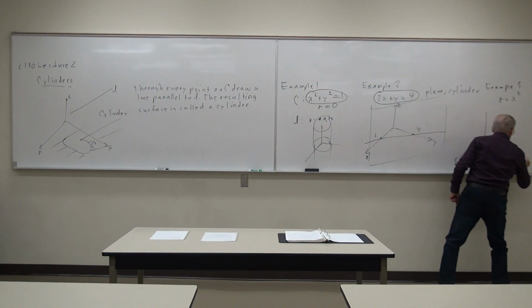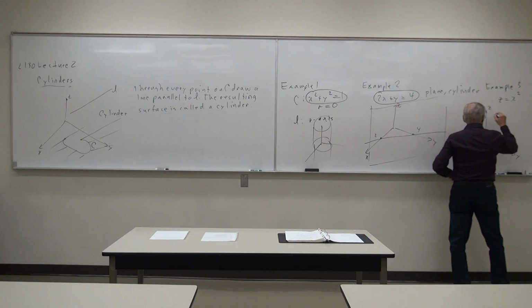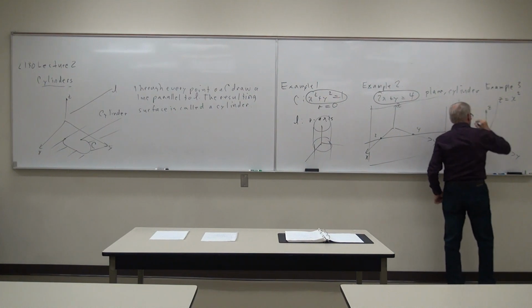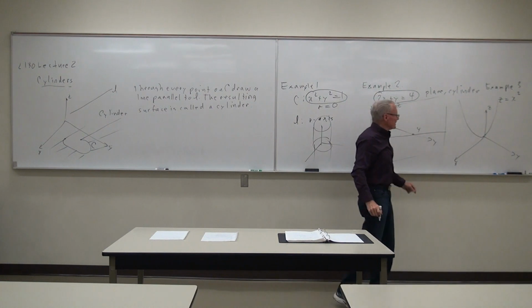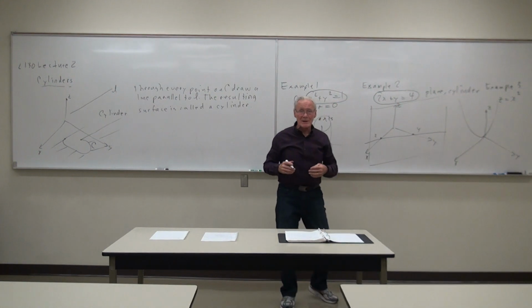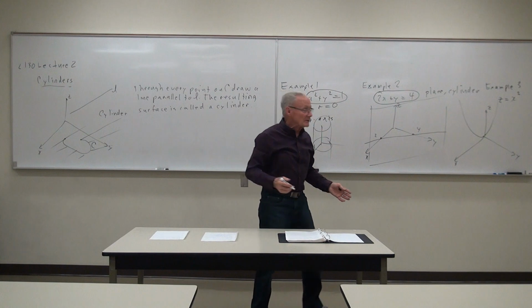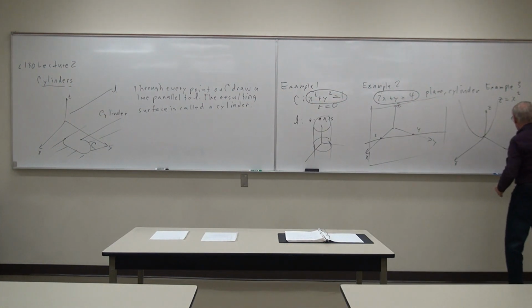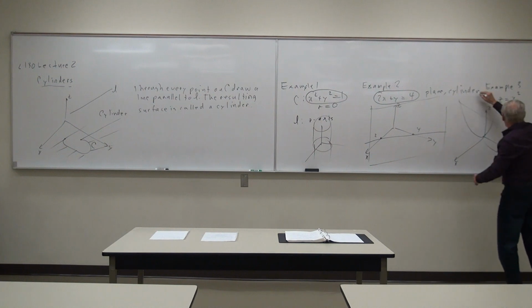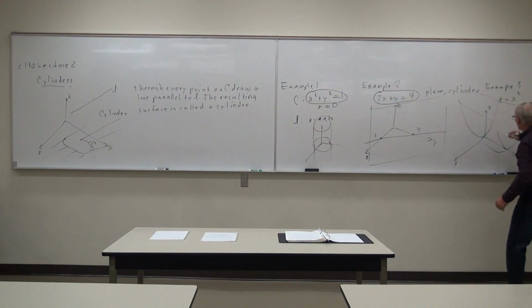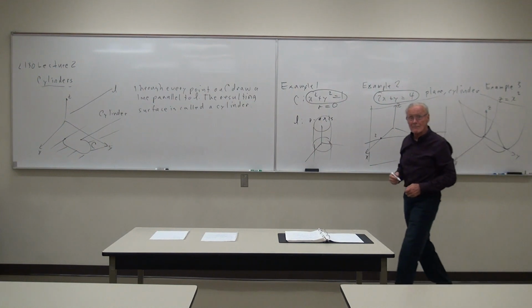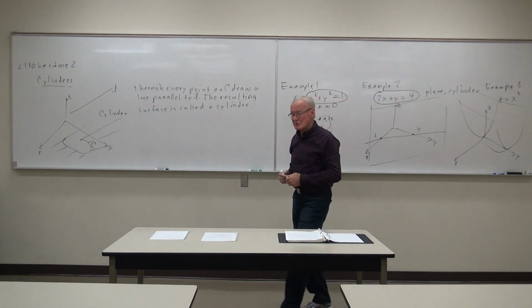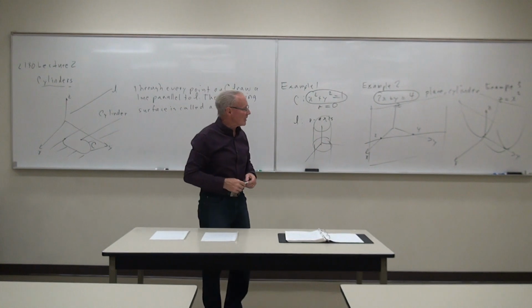It means if you were to intersect this with the xz plane, you would get the parabola z equal x squared. The fact that there's no y there says that y can be anything. So take that and pull it in the y direction. And what do you get? A cylinder. What I actually call a parabolic cylinder. Its cross-section is a parabola.